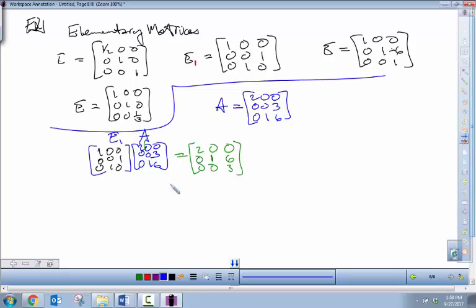Now let's take the resulting matrix here and multiply it by another matrix. What do we do next? Let's multiply it by E2, and let's call this matrix over here E2.